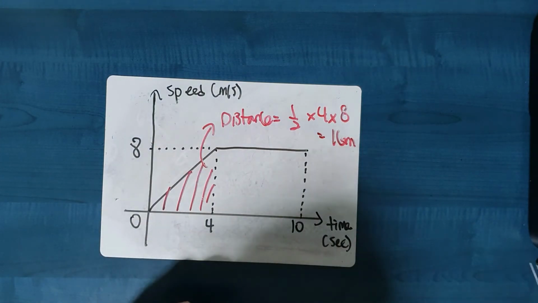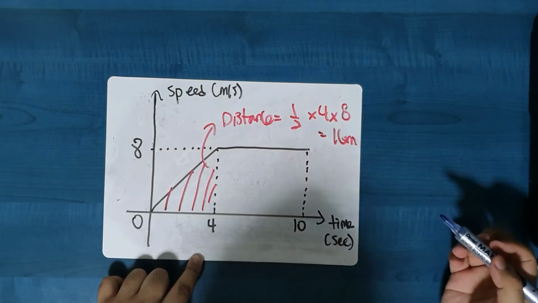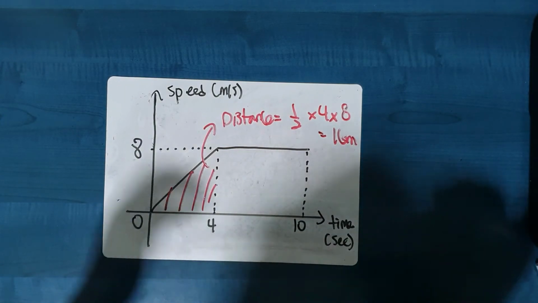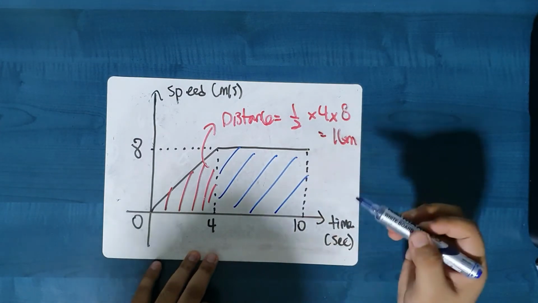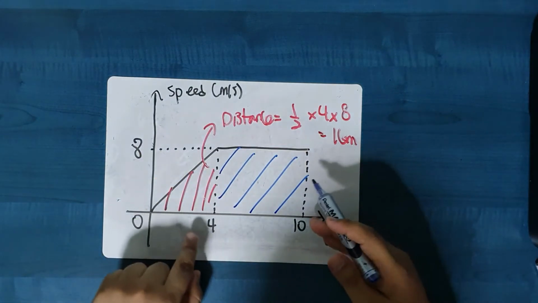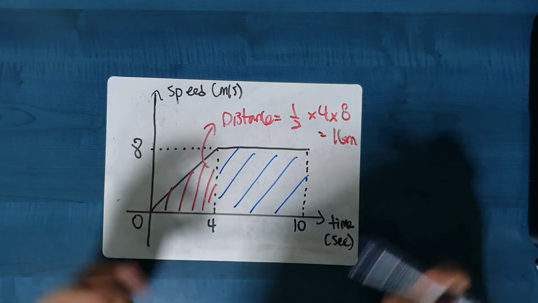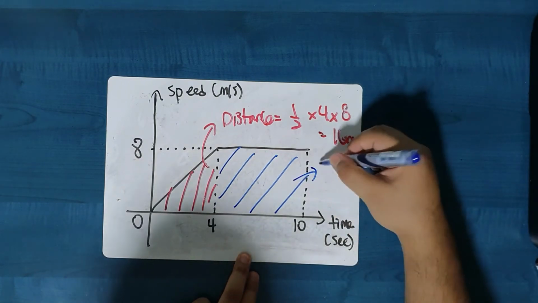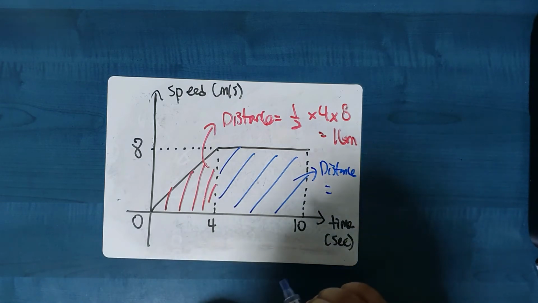Next, what is the distance covered from 4 to 10 seconds? The same thing, it is the area of this region, the area bounded by the line and the x-axis. And this blue region is a rectangle. So how do you find the area of a rectangle? Length times breadth.